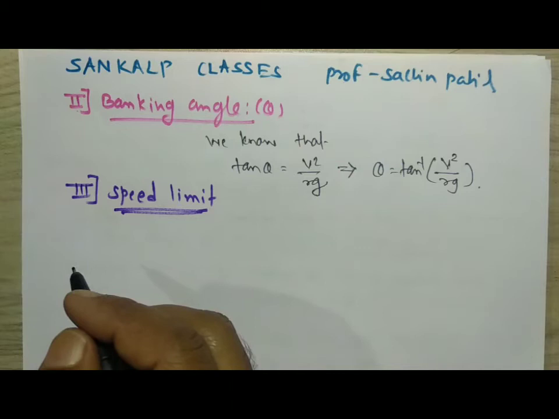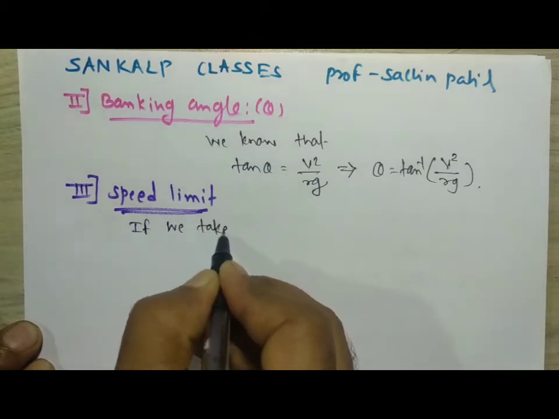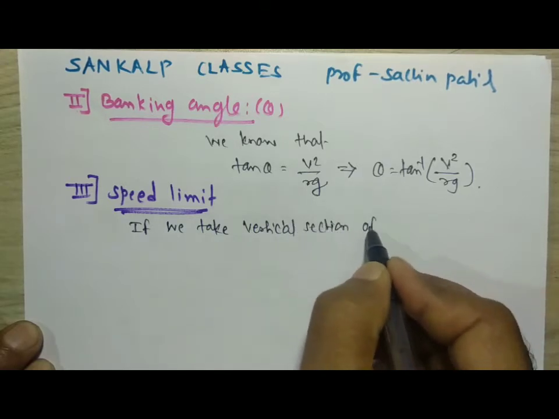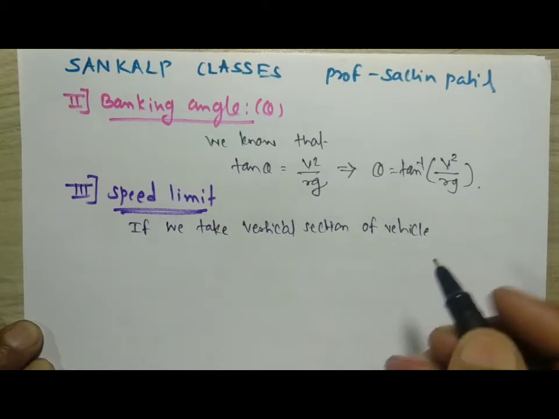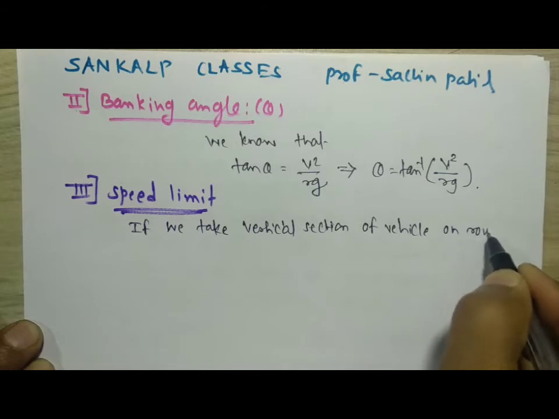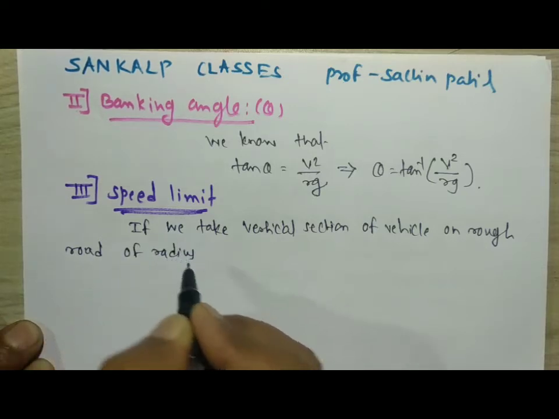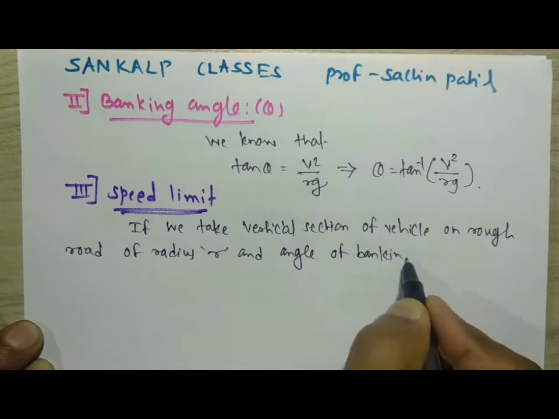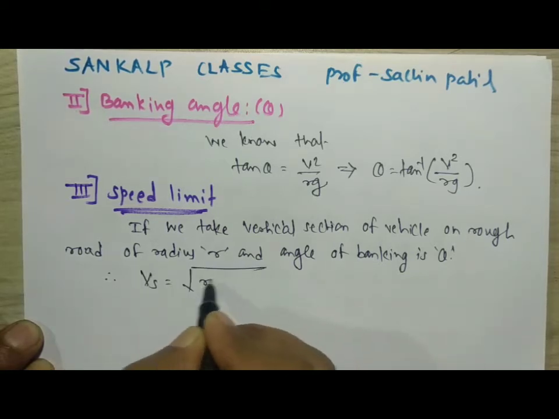If we take a vertical section of a vehicle on a rough road of radius r, and the angle of banking is theta, at that time vs is equal to square root of rg tan theta.